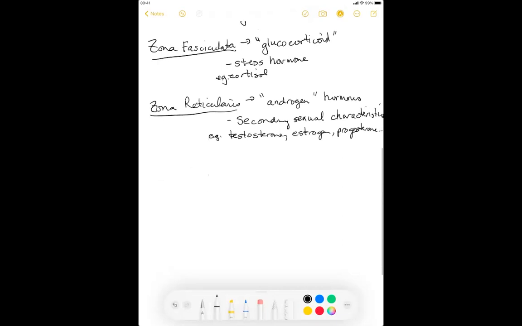If you go down into the medulla of the kidney, adrenal medulla, the adrenal medulla secretes a hormone type called a catecholamine. And catecholamines are very important in the fight or flight response.